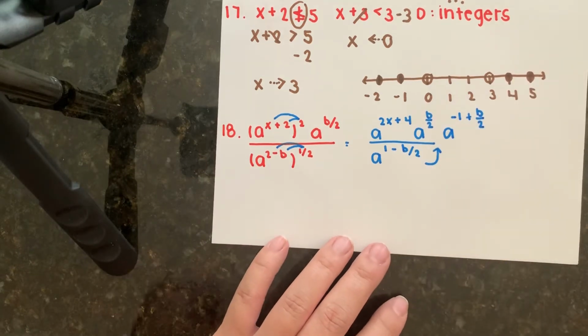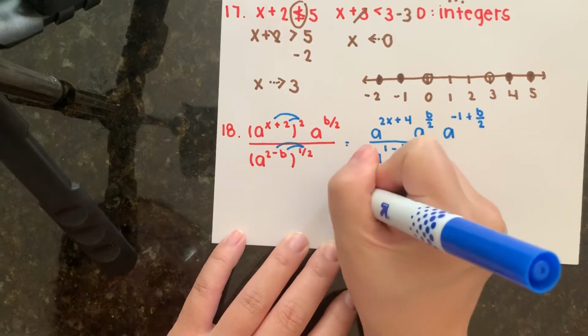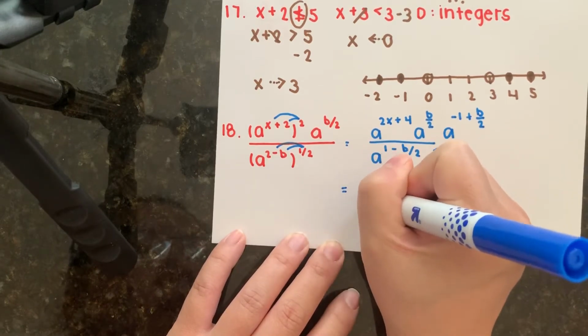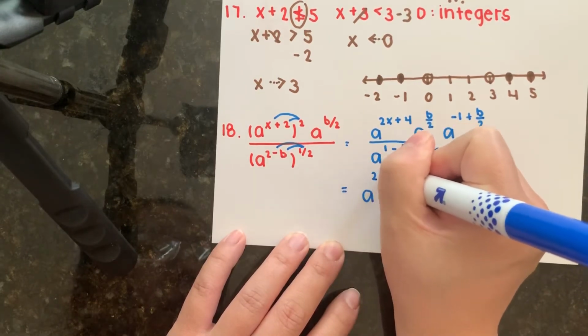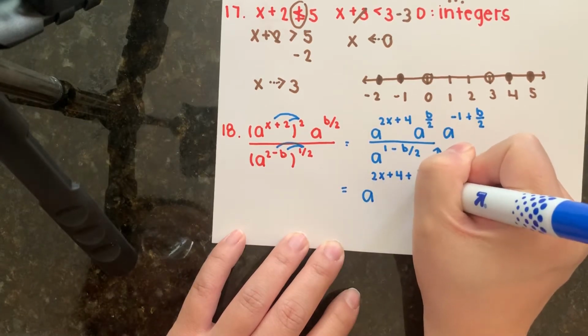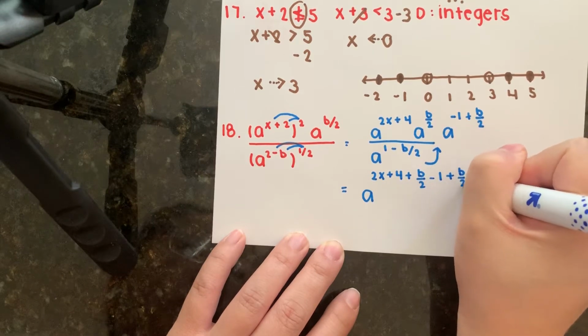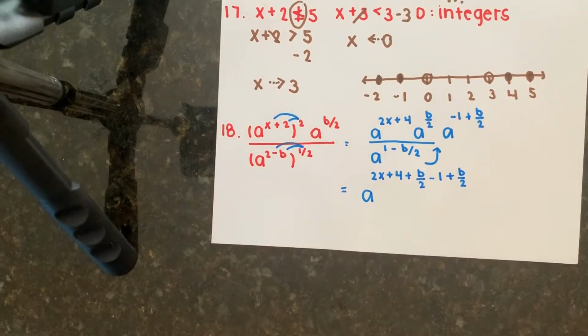Now, since all of those have a base of a, we can actually combine all the exponents. So that would become a to the 2x plus 4 plus b over 2 minus 1 plus b over 2. Now there's a couple of things I can combine.